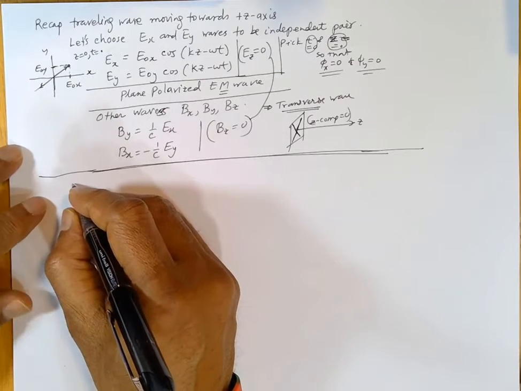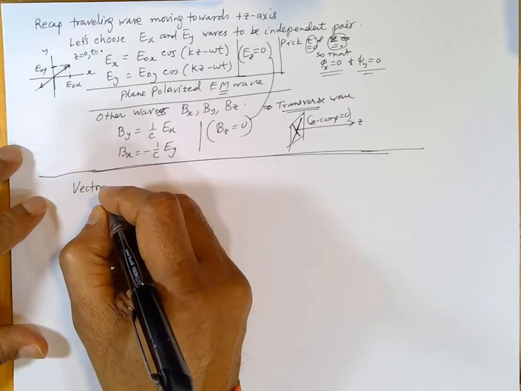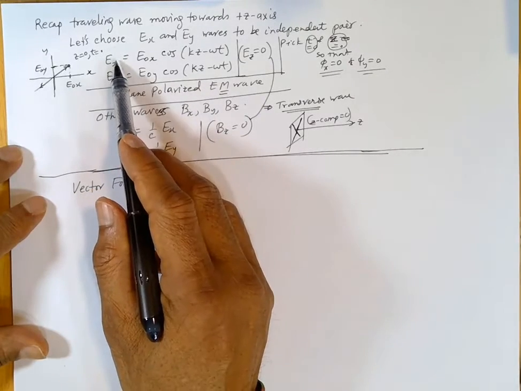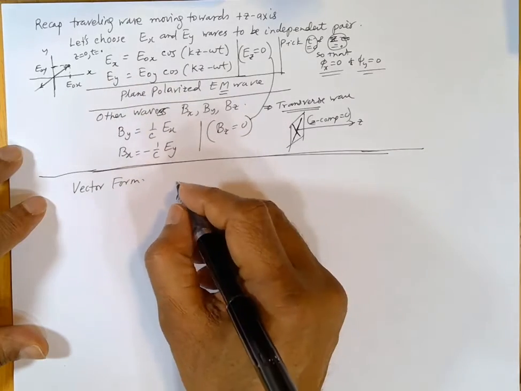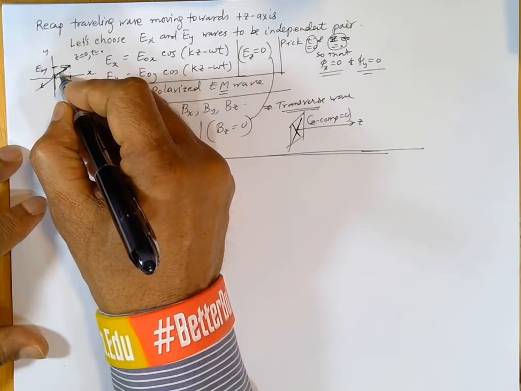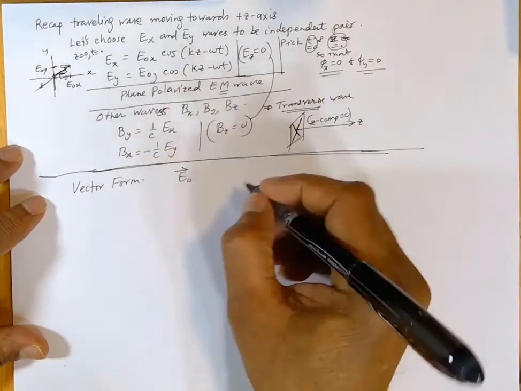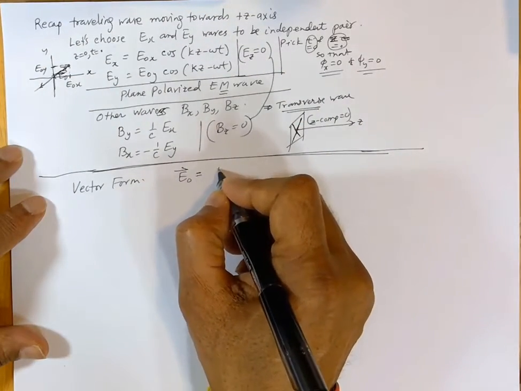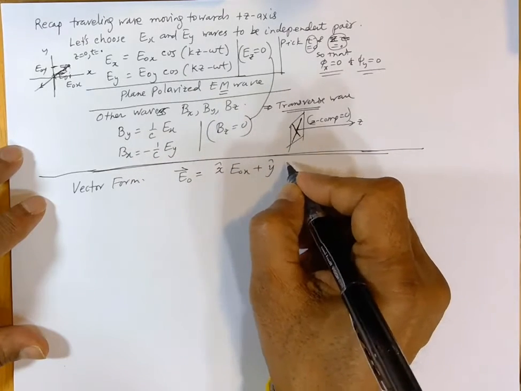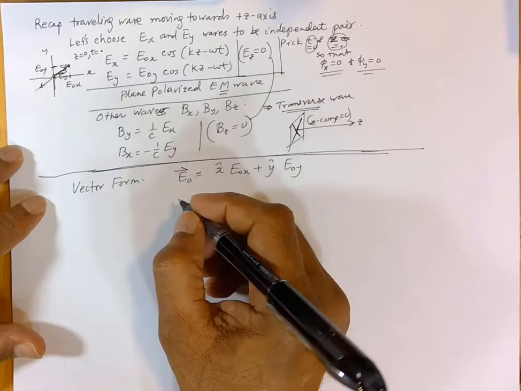It will be nice to write this in vector form. So I have E is like this, so I can write this vector as E0 vector. So E0 can be x hat E0x plus y hat E0y, right?